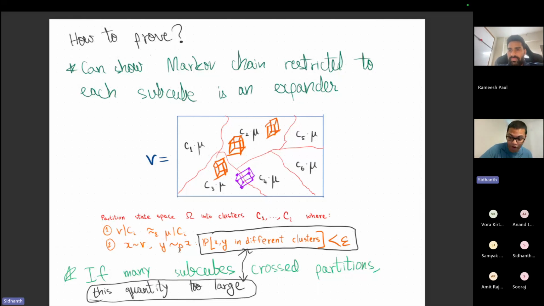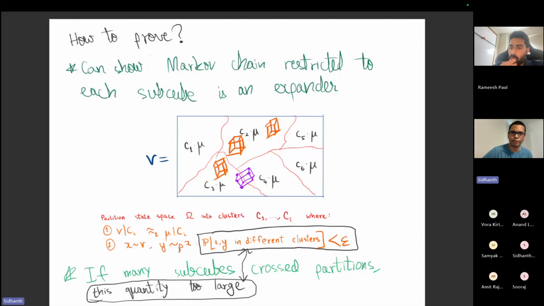It did not mix to its stationary distribution fast, but instead it mixed to a locally stationary distribution, which had some nice structural properties, which made it so the conditional marginals of this distribution matched the conditional marginals of the true stationary distribution. And that was actually all you needed for proving that you found a large independent set.